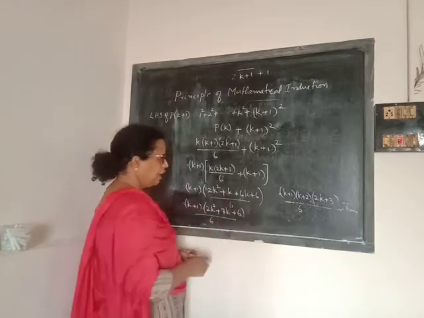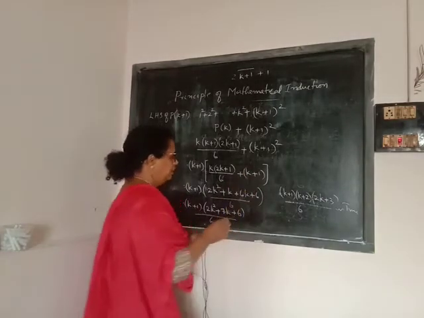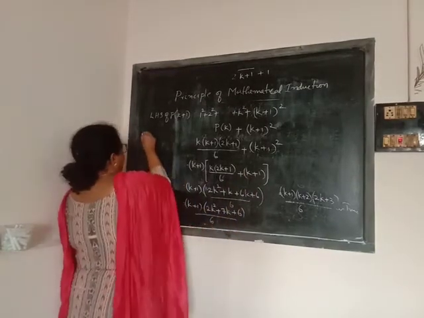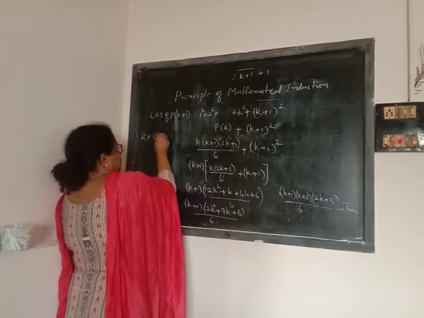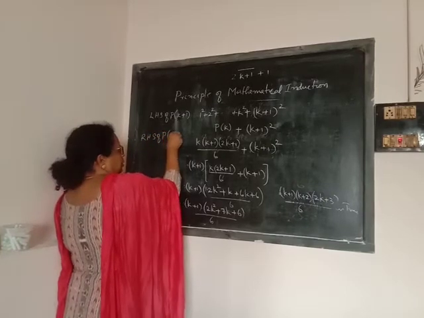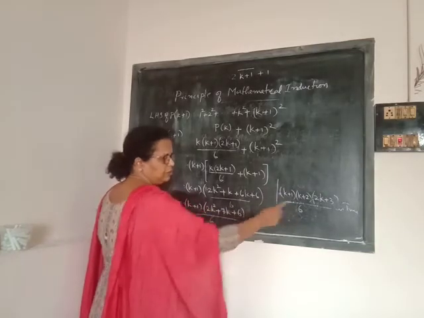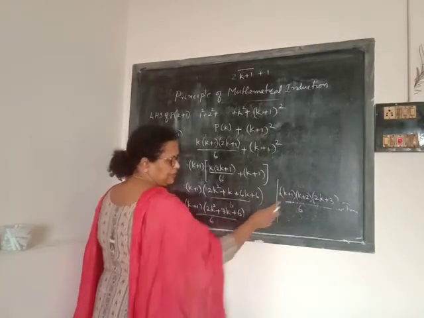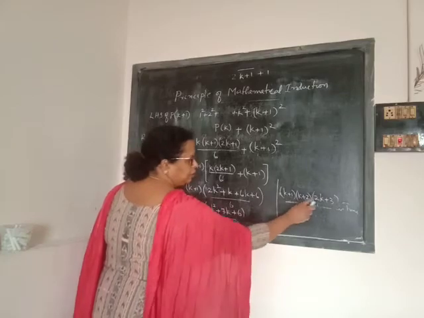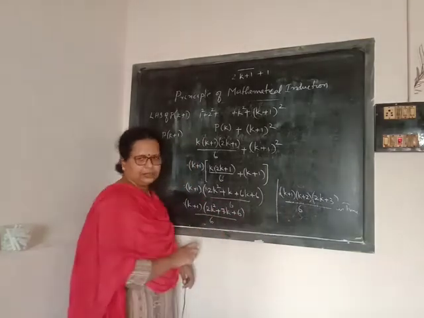When we compare with the RHS of P of k plus 1, k plus 1 by 6 is there. This is RHS of P of k plus 1. K plus 1 by 6 is there. We will multiply these two terms and we will check whether it is this term.